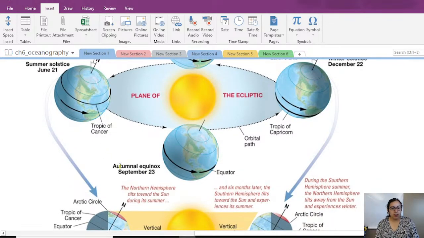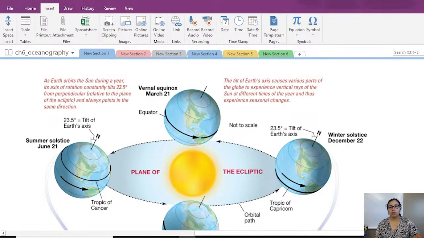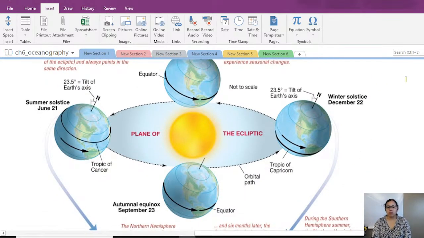Once we get to the autumnal equinox, it's more evenly distributed, so we get more even amounts of sunlight on the northern and southern hemispheres. And going back now to the winter solstice, we would be experiencing the cold months as we're pointed away from the sun, tilted away.